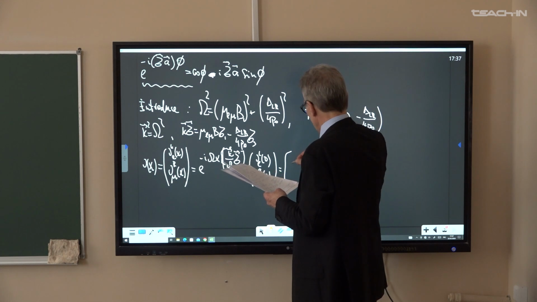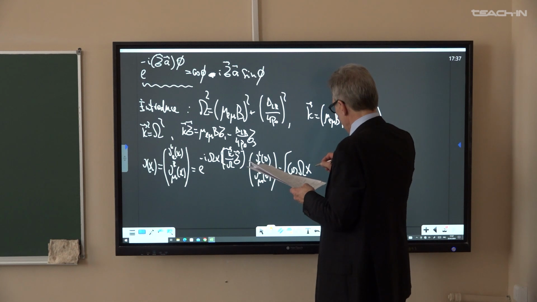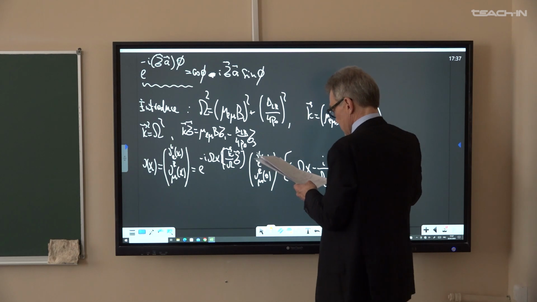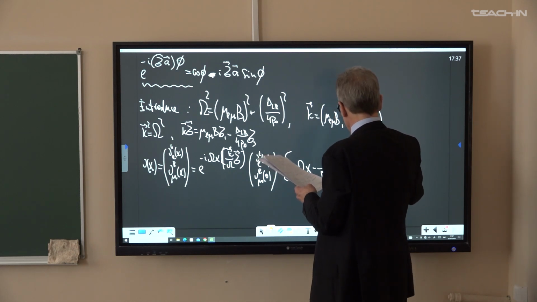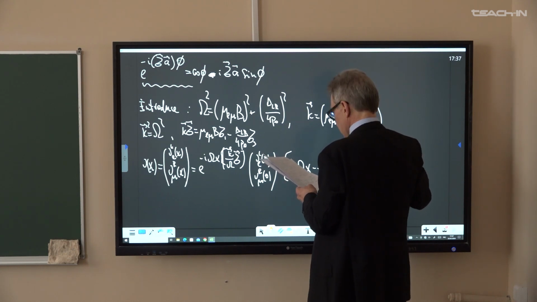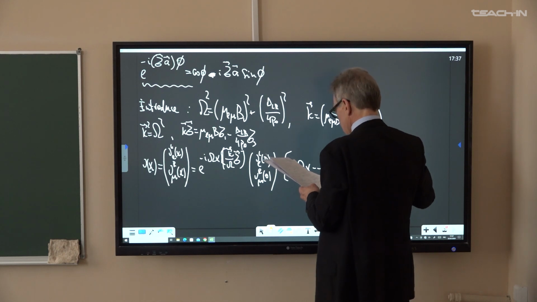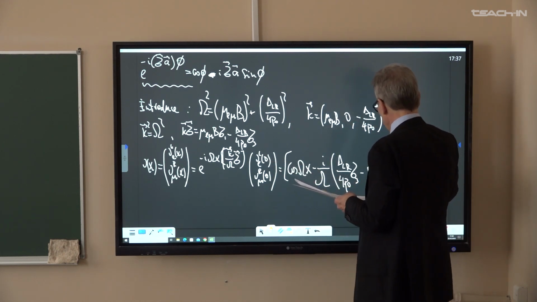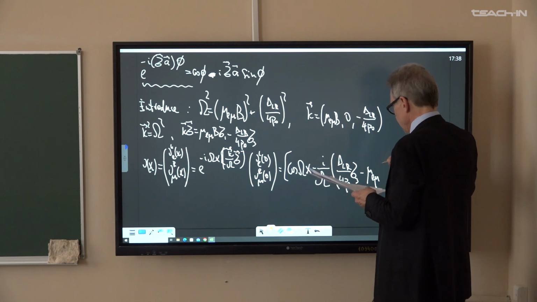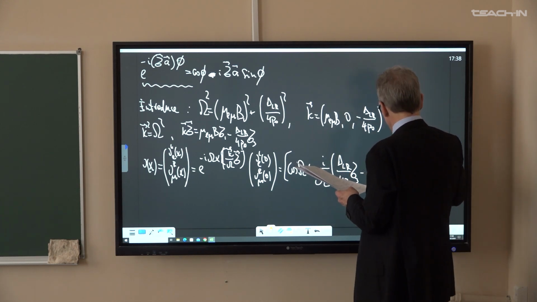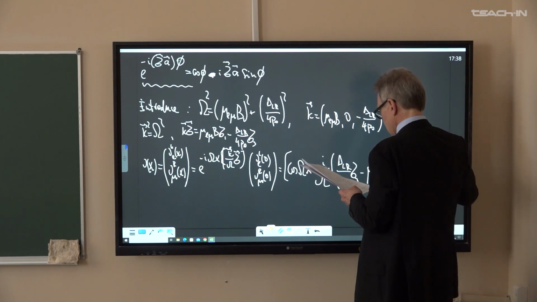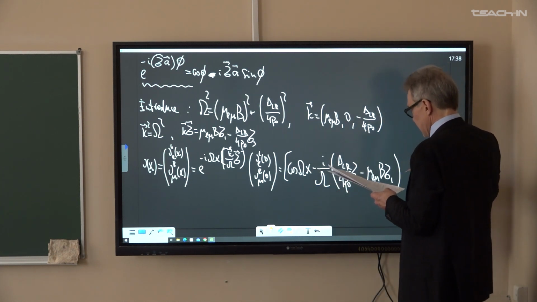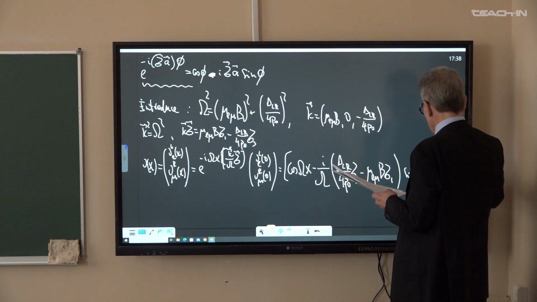This cosine omega x minus i divided by omega, here delta LR divided by 4 energy multiplied by sigma 3 minus the effective magnetic moment of neutrino, the strength of the field sigma 1, and everything is multiplied by the sine omega x.